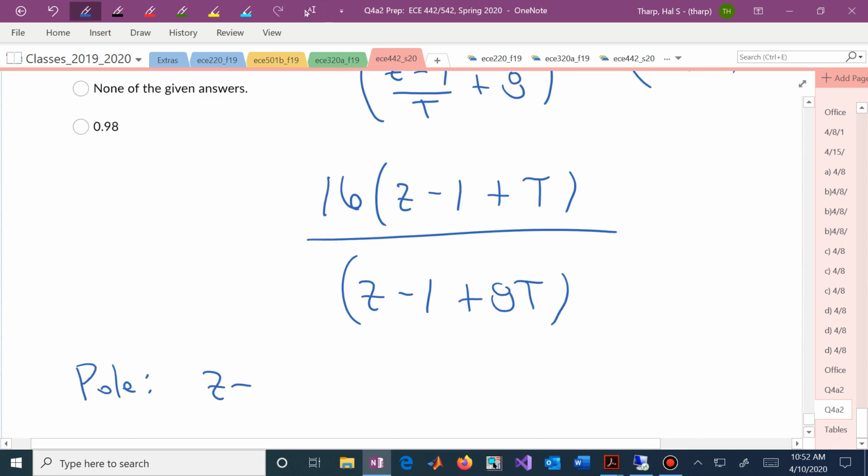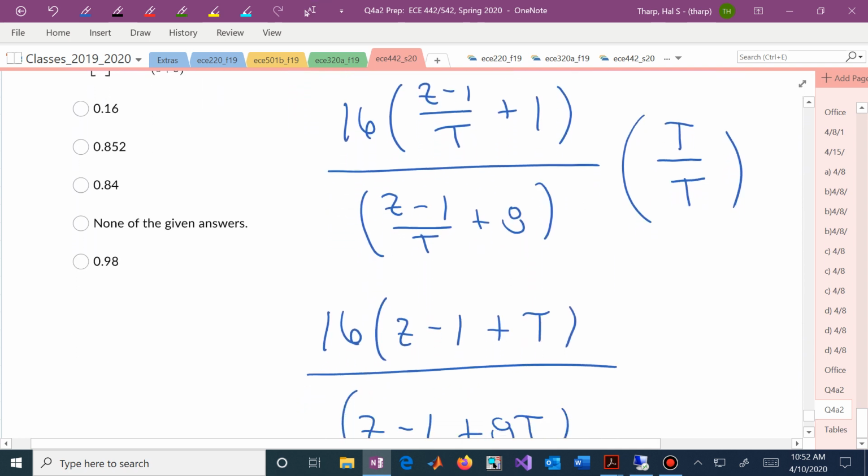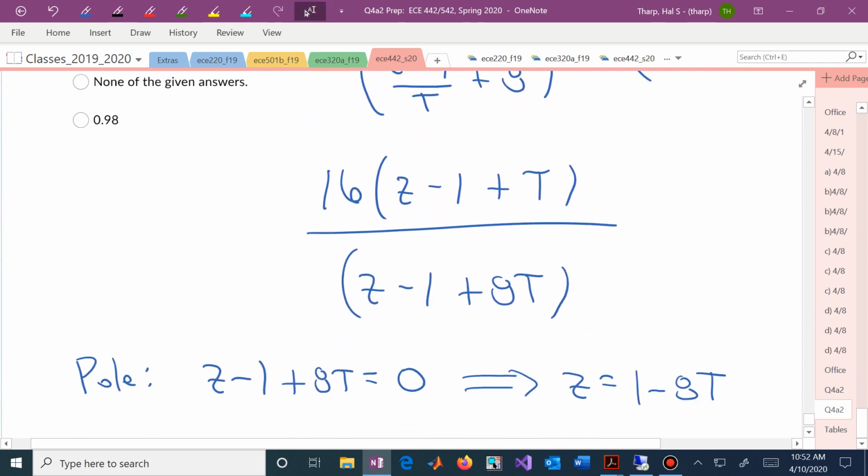Now I'm looking at z minus 1 plus 8T equaling 0 to determine my pole location. So now z is equal to 1 minus 8T, and I think I'm given a T. I should now be able to find the appropriate pole.